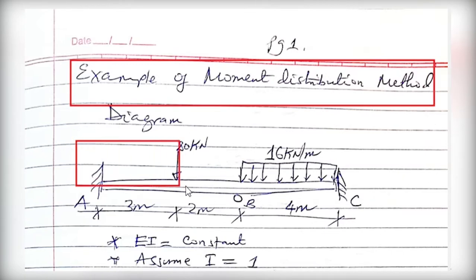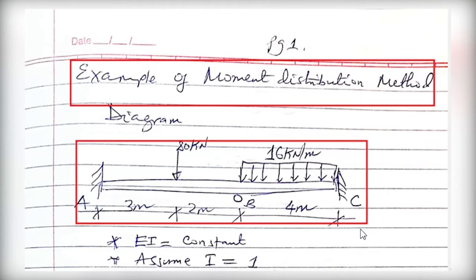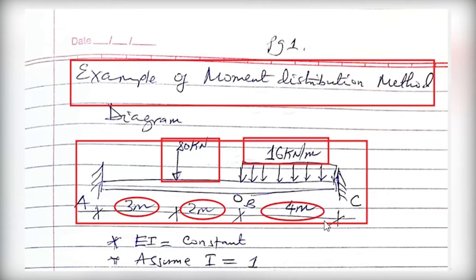Consider the loaded beam, in which it is loaded with a point load of 80 kN and a uniform distributed load of 16 kN per meter. The point is 3 meters from support A, and 2 meters from there to B. Also from support B to C is about 4 meters.